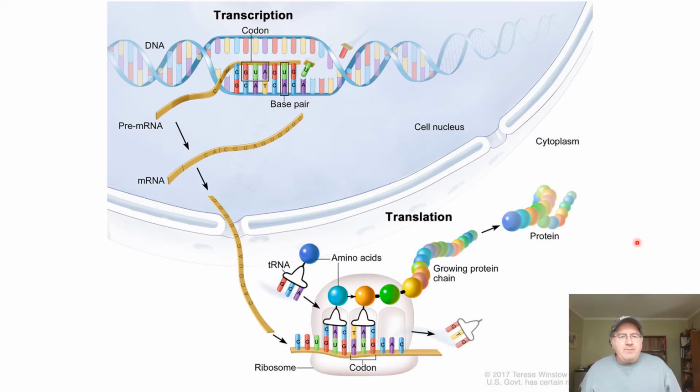And this is just the graphic, one of the U.S. government slides, to illustrate this process, going from transcription of double-stranded DNA to pre-RNA, which then gets processed.